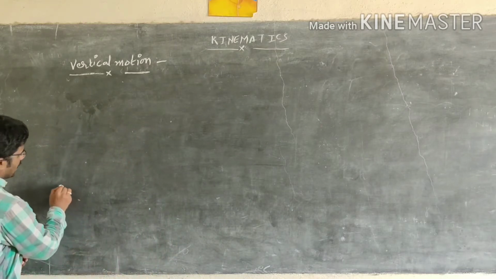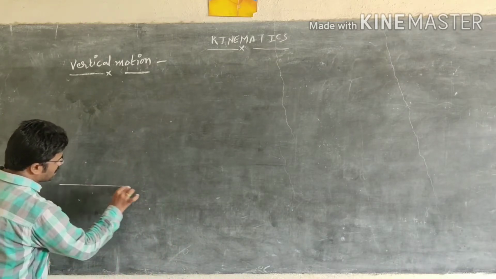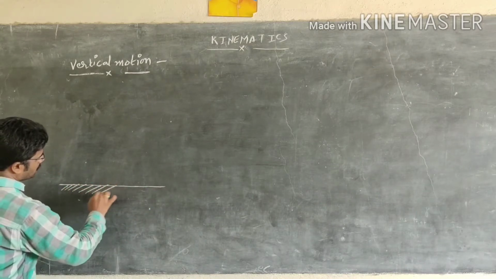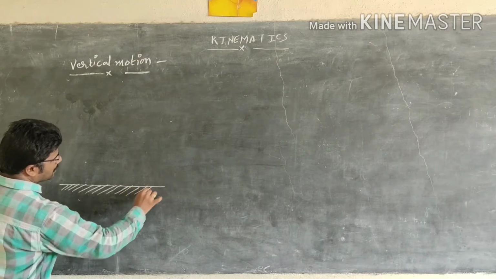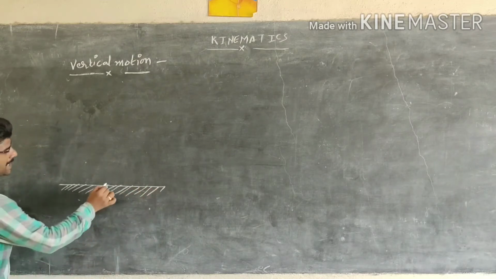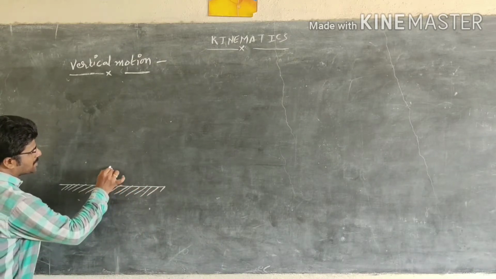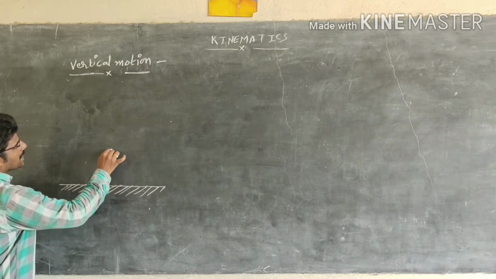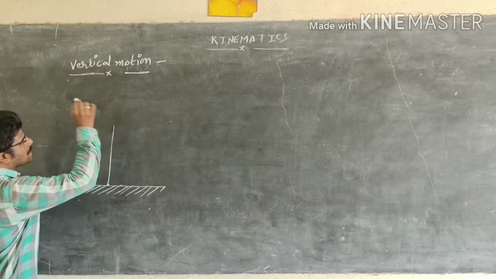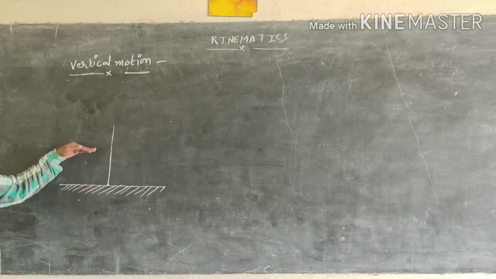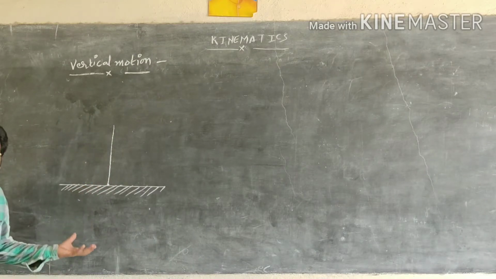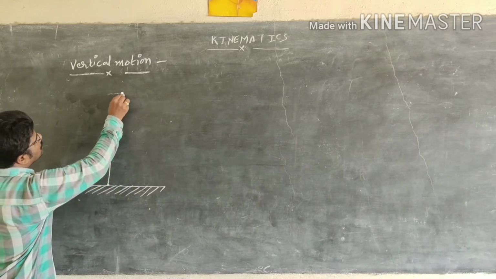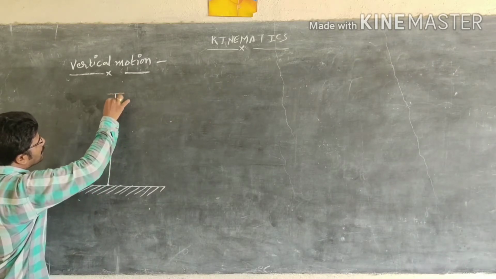For example, let us consider this is a ground surface. Now, if a body is projected vertically upwards, the body moves like this. As the body is moving upwards, its velocity slowly decreases due to gravitational force and it reaches some height.